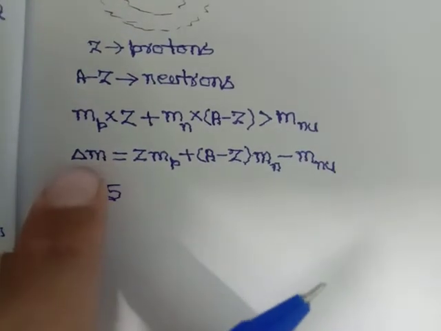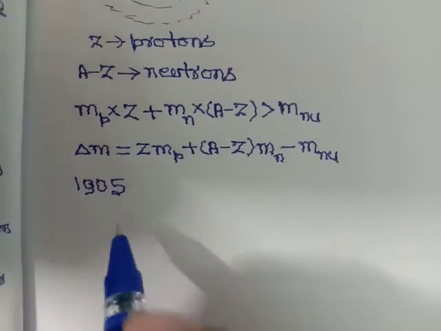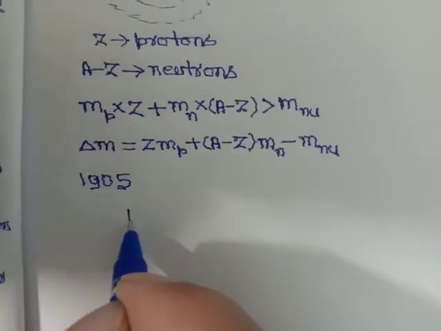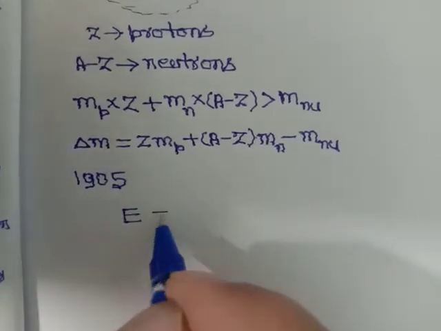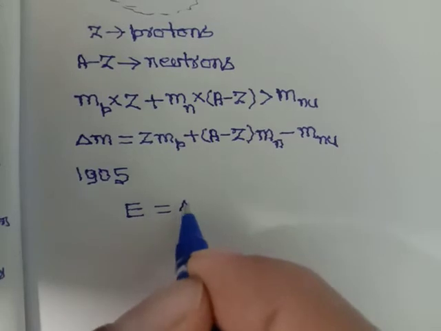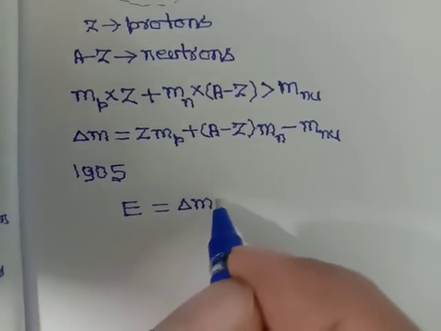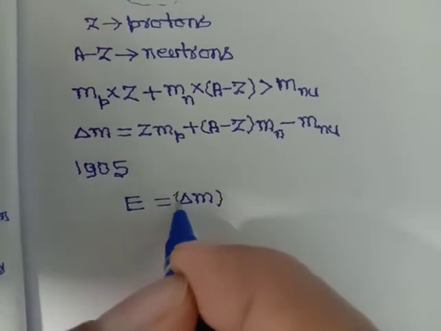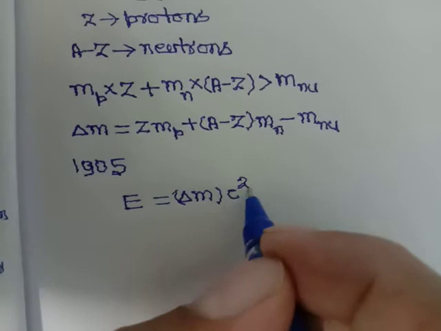It means if the loss in the mass is delta M, then its equivalent energy is given by delta M, that is the change in mass, or it is also known as mass defect, into the square of the speed of light.